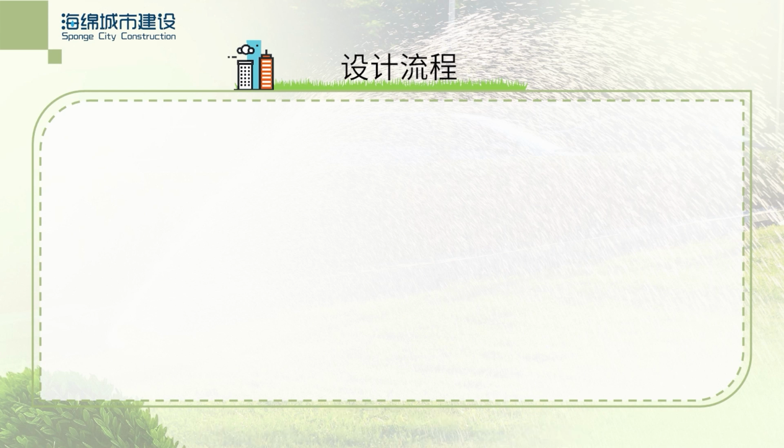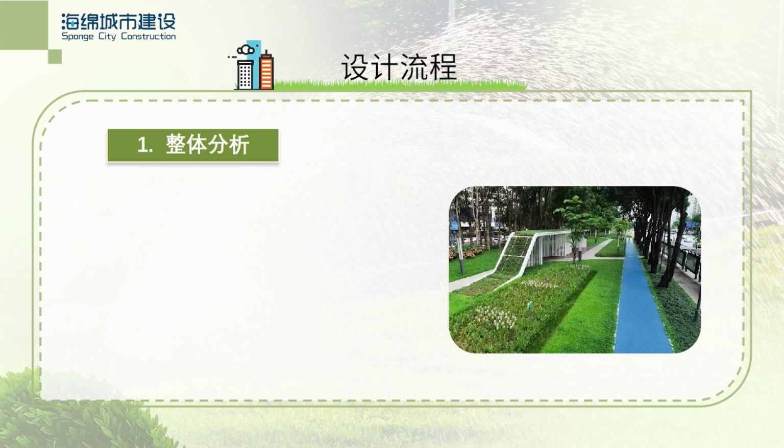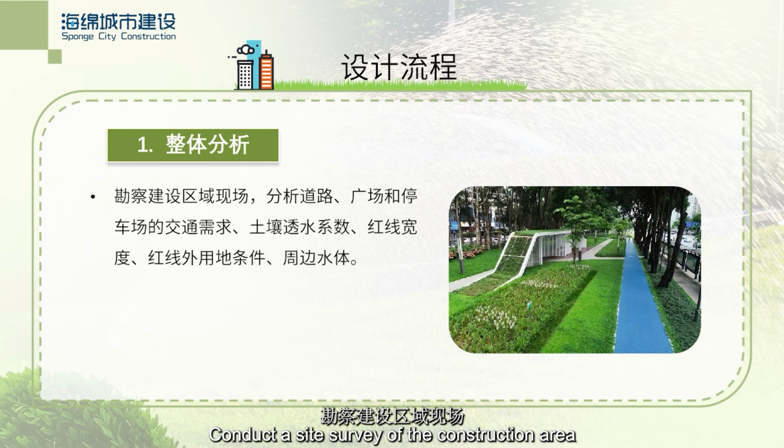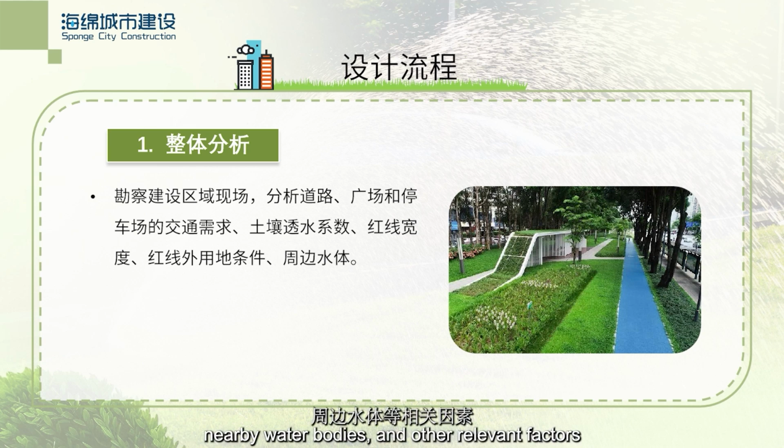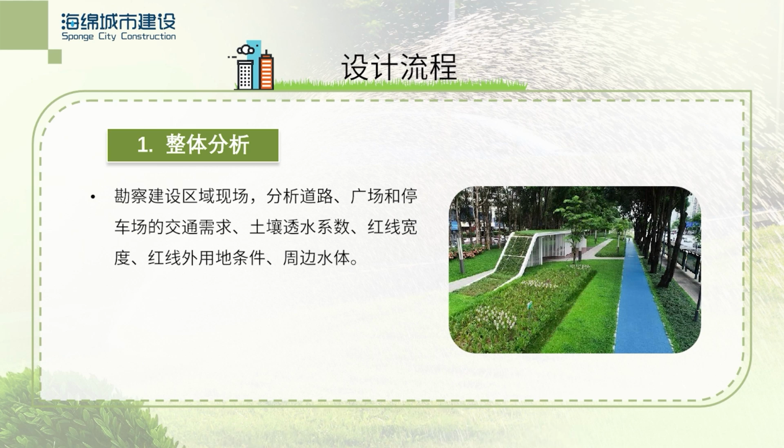steps. Comprehensive analysis: conduct a site survey of the construction area, analyzing the traffic demands for roads, elevated roads, squares, and parking lots, soil permeability coefficients, red line widths, conditions of land outside the red line, nearby water bodies, and other relevant factors.